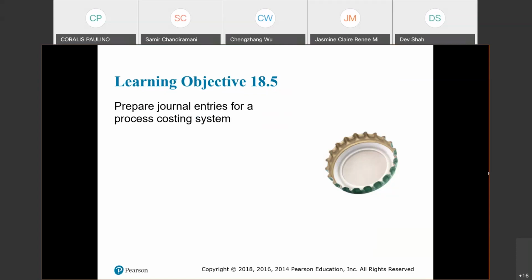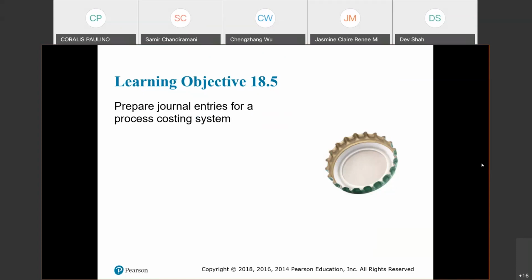But remember, the primary differences between the two costing systems are how the costs are accumulated and when the costs are assigned. Well, in the process costing system, the costs are accumulated in the following accounts: raw material inventory, the various WIP inventory accounts, and the manufacturing overhead at the end of the month.